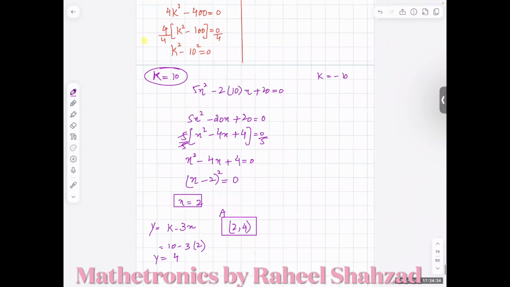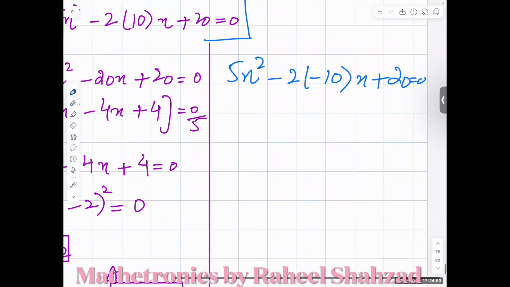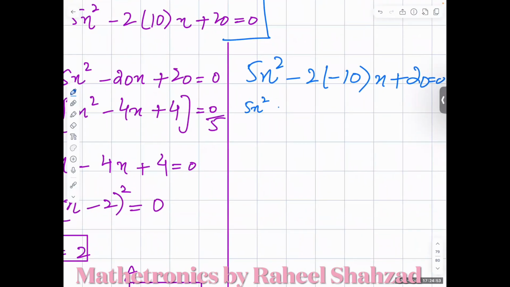Let's name it A. And we would repeat the same process for k equal to minus 10 now. If k is minus 10, then it would be 5x squared minus 20x plus 20 equals 0.